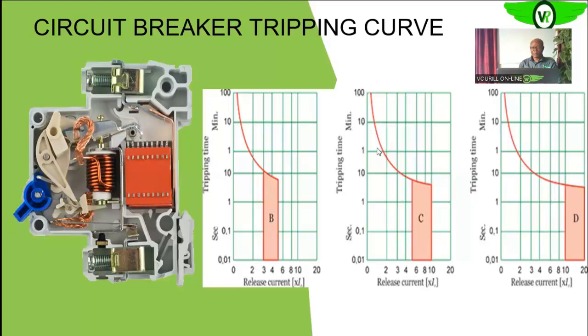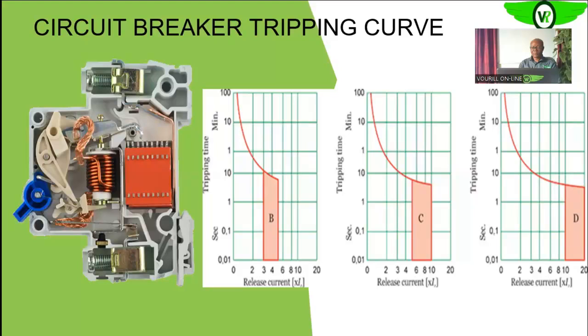Moreover, the heating element will take almost 8 seconds to heat up and trip, and that time is enough for some internal component of that equipment to be destroyed. In that case, a B curve circuit breaker will be appropriate. Once it is up to 3 or 4 times, it will just trip instantaneously, and in that condition that is the kind of circuit breaker that we want.